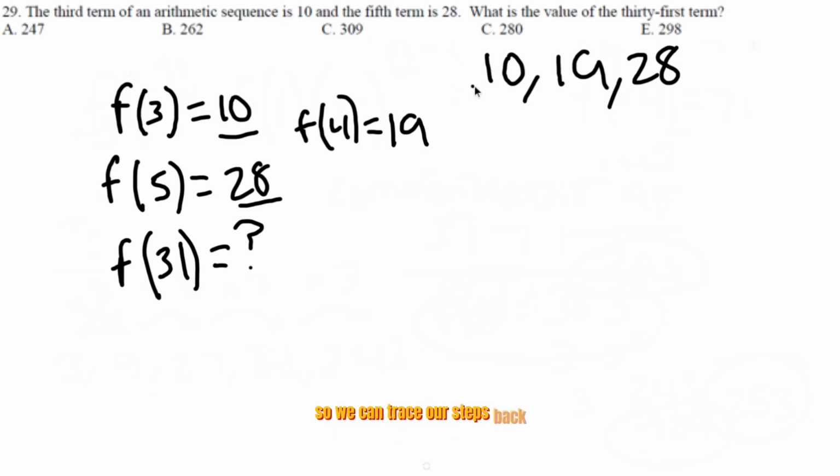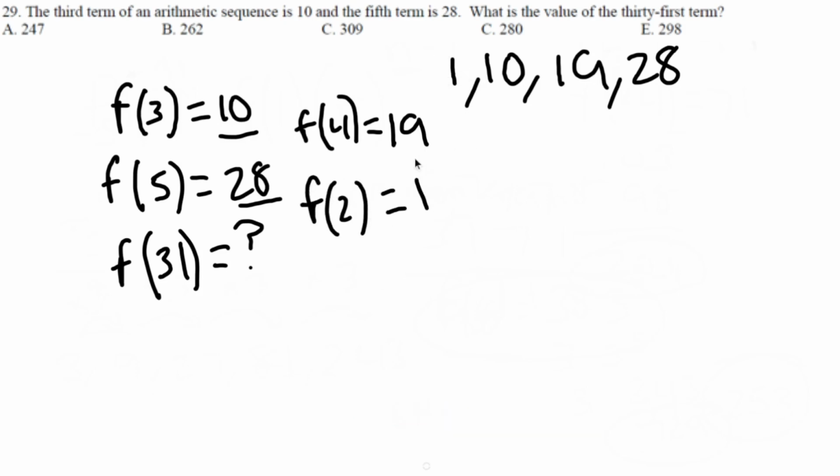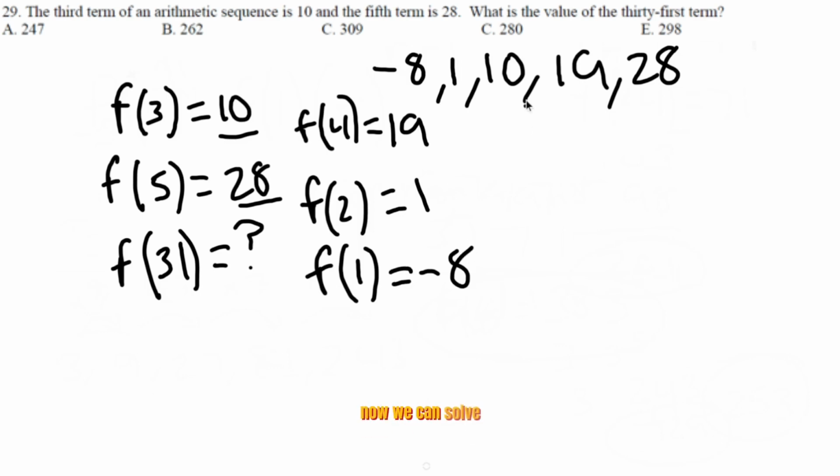So we can trace our steps back. So we can go 10 minus 9, which is 1, and that's f of 2. And then we can go back again, and it's negative 8, and that's f of 1. Now we can solve, because it's actually really simple. So we're looking for f of 31.